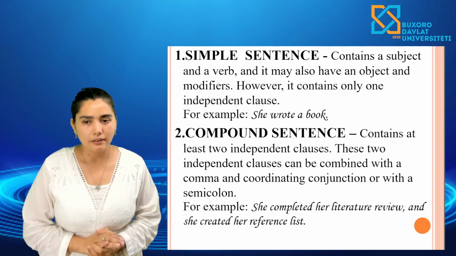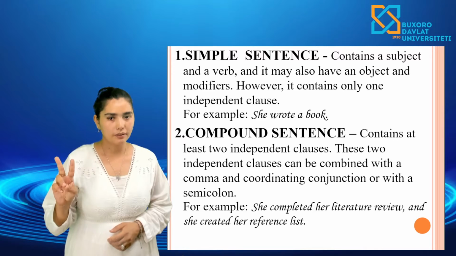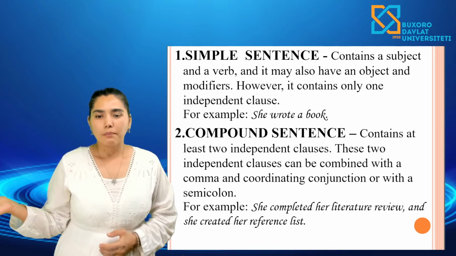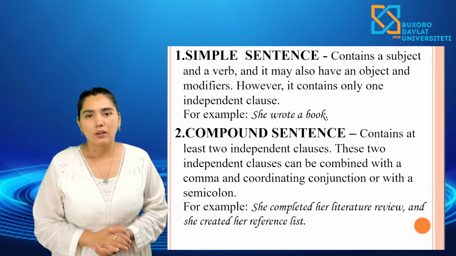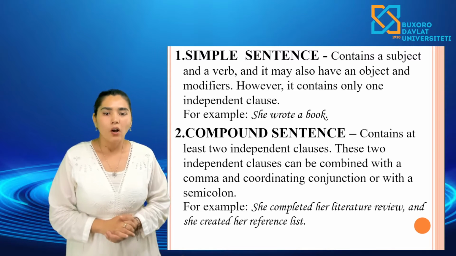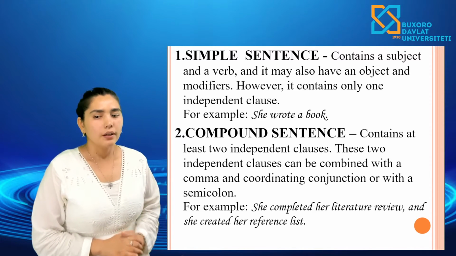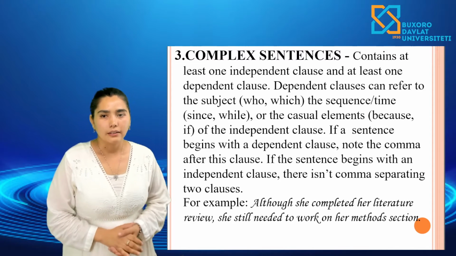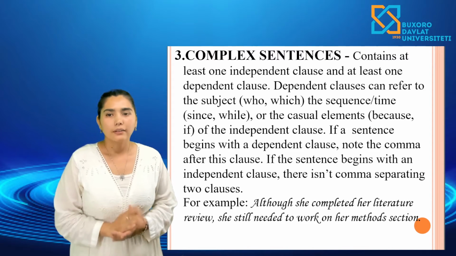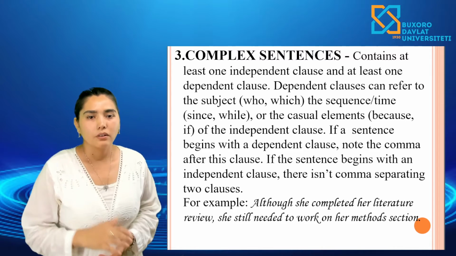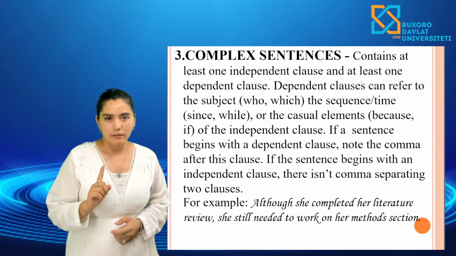A compound sentence contains at least 2 independent clauses. These 2 independent clauses can be combined with a comma and a coordinating conjunction, or with a semicolon, like: she completed her literature review and she created her reference list. A complex sentence contains at least 1 independent clause and at least 1 dependent clause.